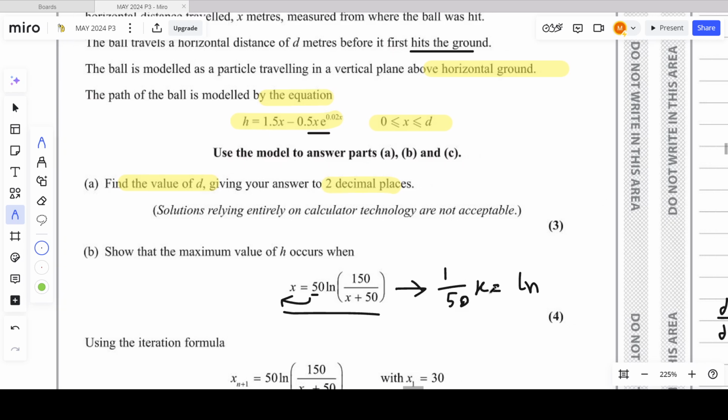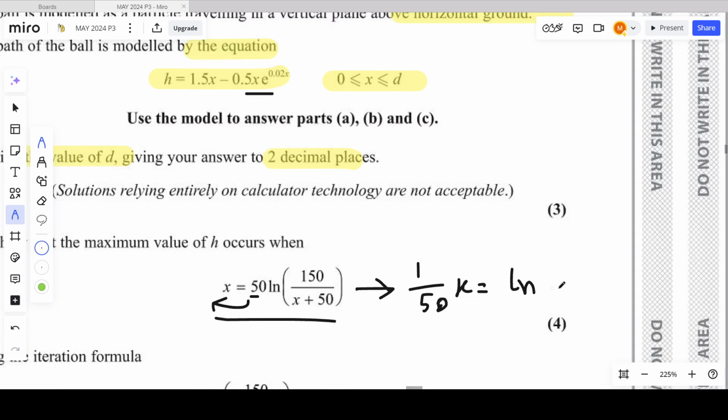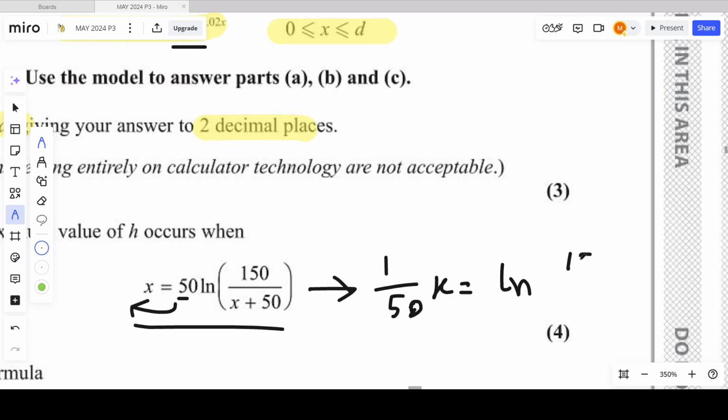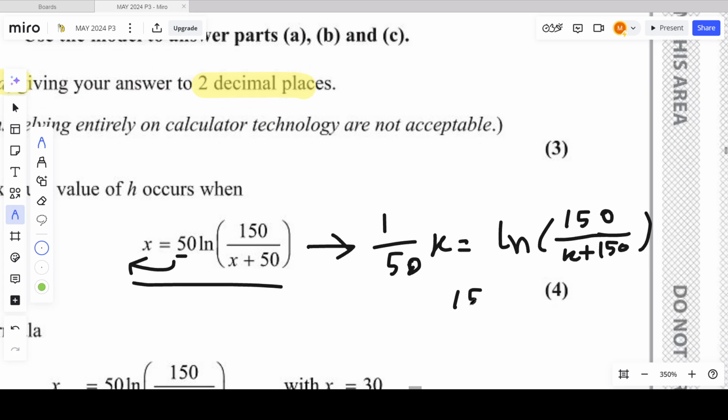So for this case, 1 over 50x equals ln of 150 over x plus 150, and then 150 over x plus 150 would be equal to e to the power 0.02x.